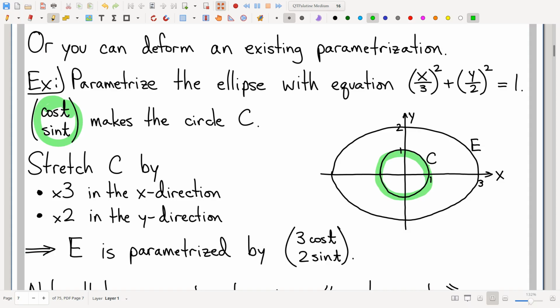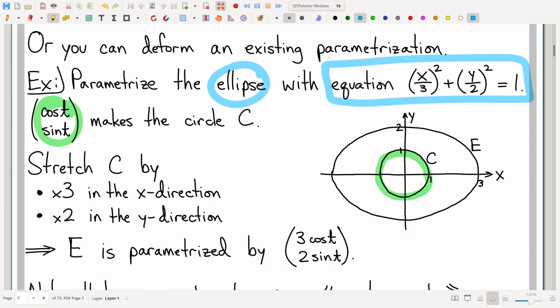And now let's think about this ellipse. The ellipse has this equation, and I hope y'all remember from long ago, probably high school algebra, but the 3 and the 2 just tell you what these are, what do they call them? Semi-major, semi-minor radii, or something like that. That tells you these values here for the ellipse.